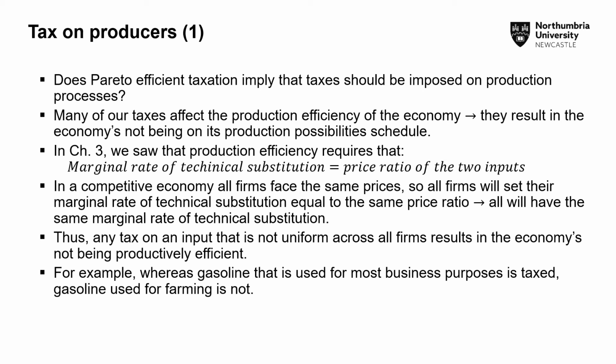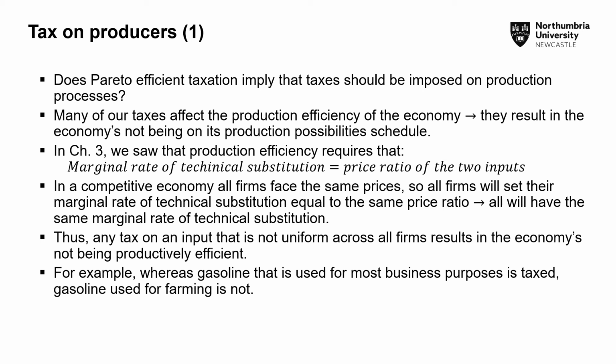So in chapter 3, what we suggested is that imposing taxes on production impacts production efficiency. In other words, the economy is no longer able to produce on its production possibilities schedule. There is an inward rotation on the top and bottom of our production possibilities curve.